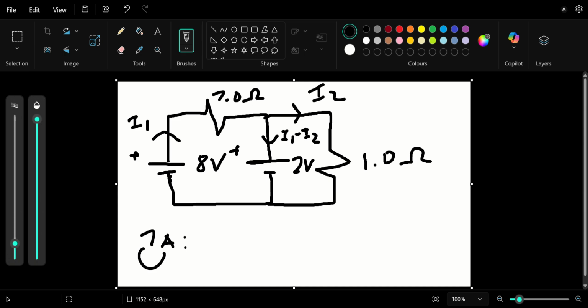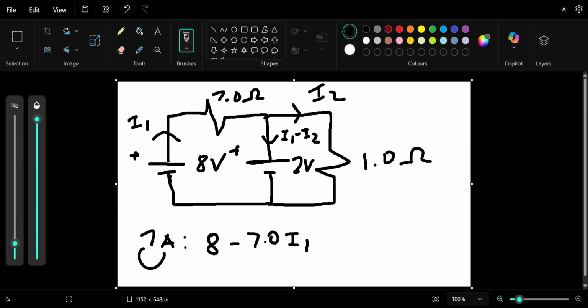And in loop A, our first loop, we can see that we have 8 volts going around, minus 7.0 I1. That's past our first resistor.